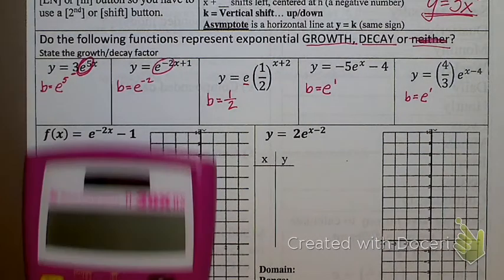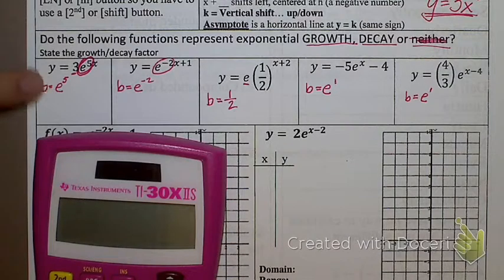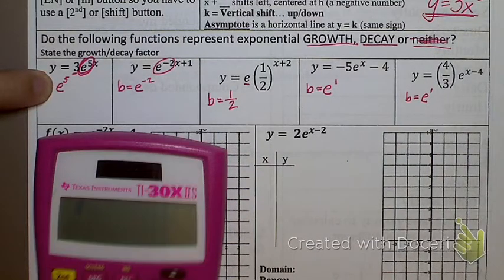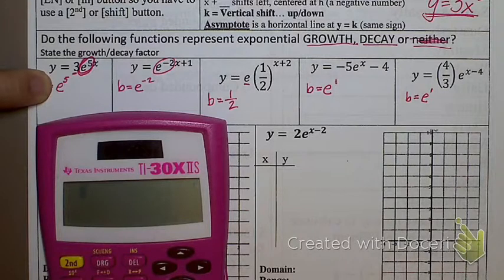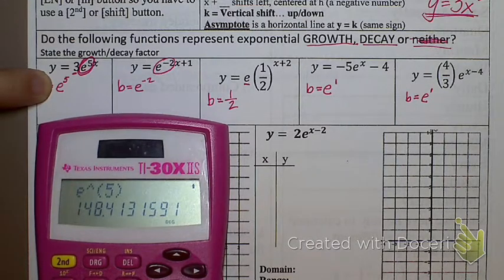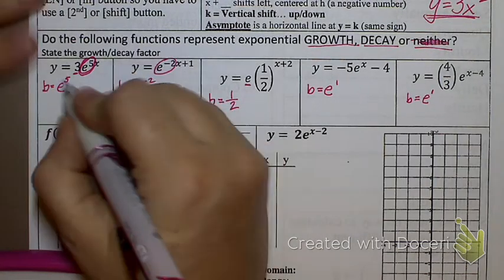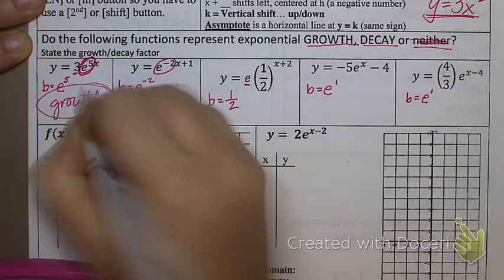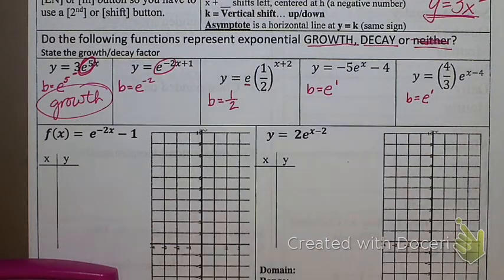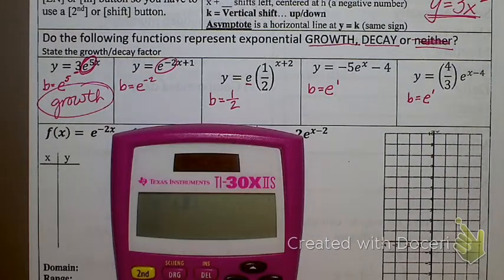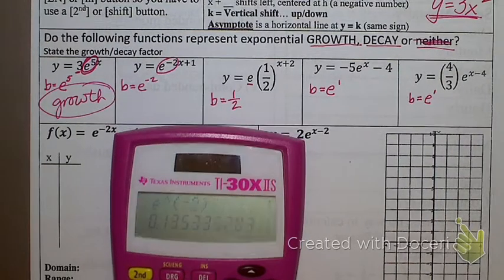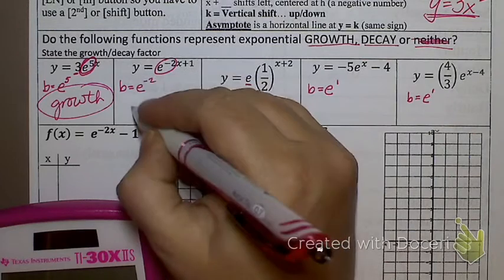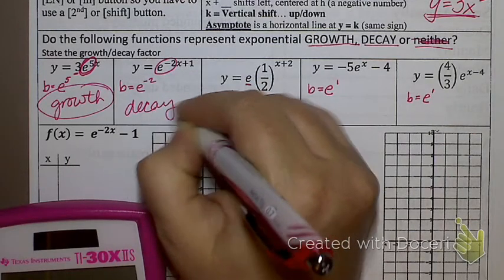So, to determine if these are growth or decay, I just have to see if e to the 5th is bigger than 1 or if it's between 0 and 1. So on my calculator, e to the 5th is what? 148.41. What does that make this whole equation? Growth. What about e to the negative second? 0.135. That would be decay.